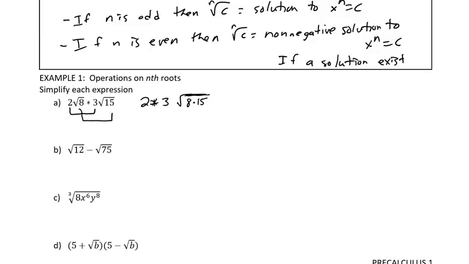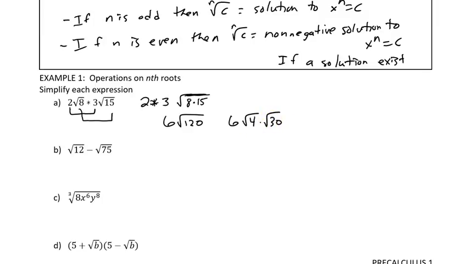So 2 times 3 is 6, and 8 times 15 is 120. So you might have the square root of 120. Now that can be simplified because there is a perfect square that goes into 120. Could have done it over here with the 8, but we didn't. So 6 times the square root of 4 times the square root of 30. 4 times 30 is, of course, 120.